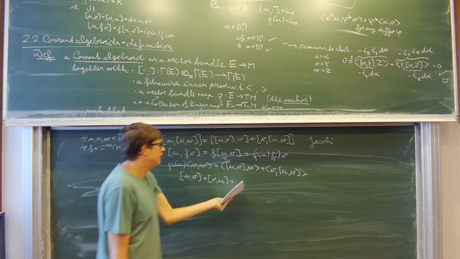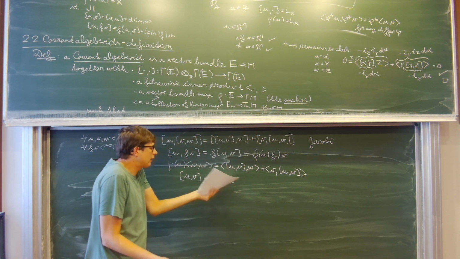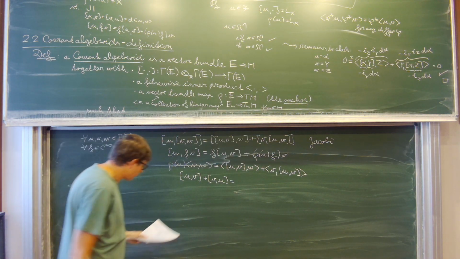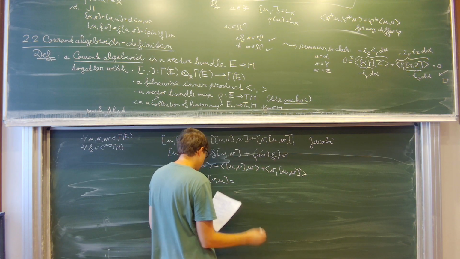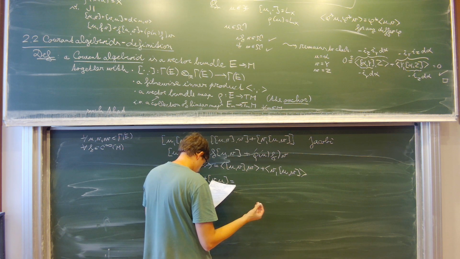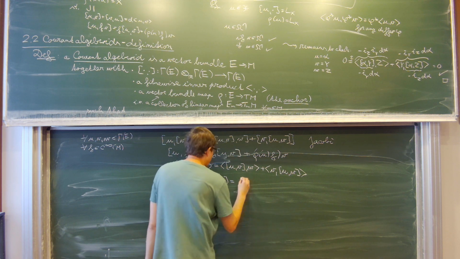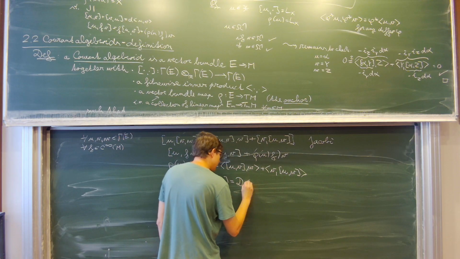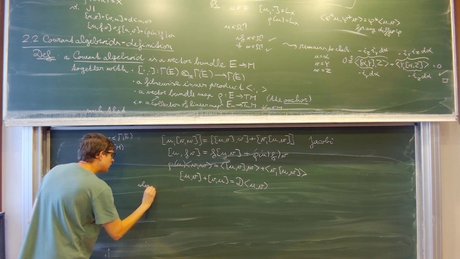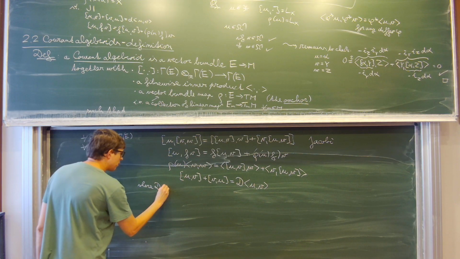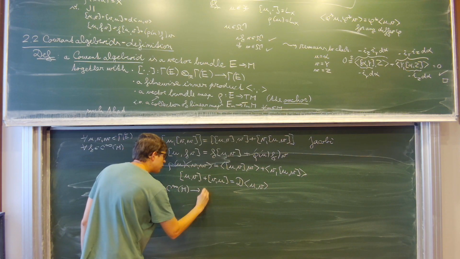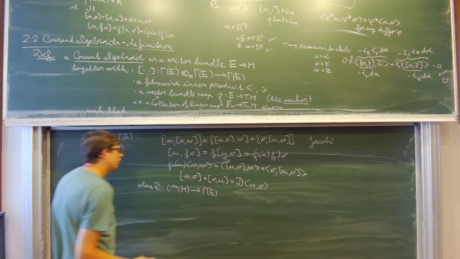Now here I cannot just say d, because I will have a one form, but one forms are not naturally living inside E. So I will call it curly D, where this curly D is the following map. It takes functions and produces something in Gamma of E.